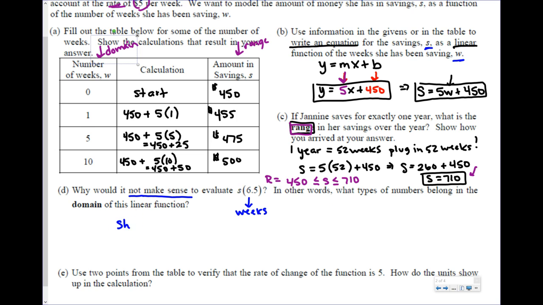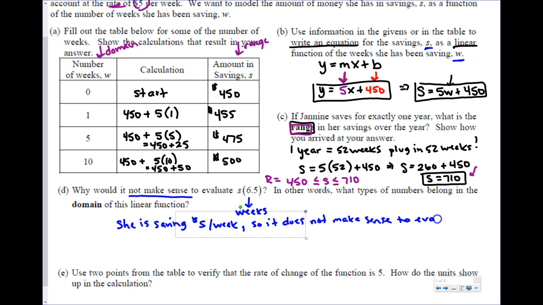She's saving $5 per whole week. So it does not make sense to evaluate the function as a fraction of a week.